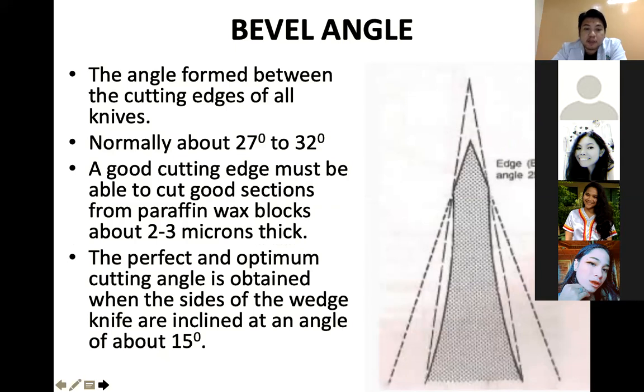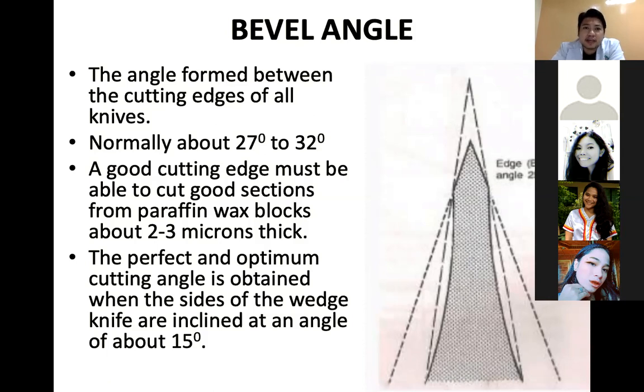So the perfect and optimum cutting angle is obtained when the wedge knife is inclined at an angle of about 15 degrees Celsius. Okay. Ito yung bevel angle. So all types of knives meron silang bevel angle.